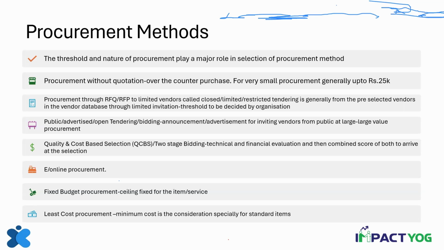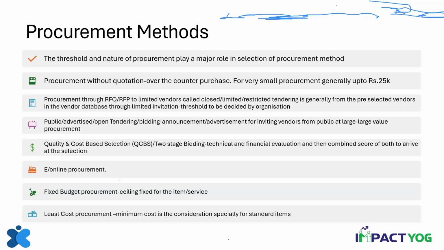Now it might be from the pre-selected list in your vendor database. When we call it vendor diversity, we say that you have a vendor database. Now, this threshold will differ from organization to organization, but generally I have seen that up to 25,000 rupees there is no quotation; from 25,000 to 1 lakh, sometimes 2 lakhs, you might ask only the vendors in your vendor database, by way of limited or restricted tendering, to provide quotation.